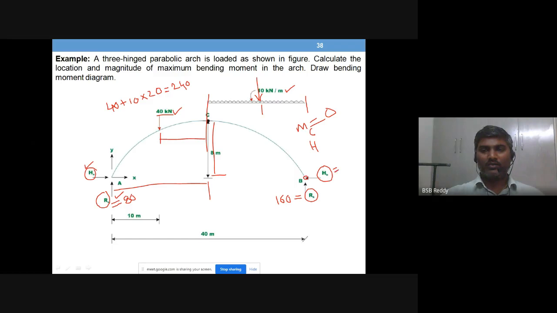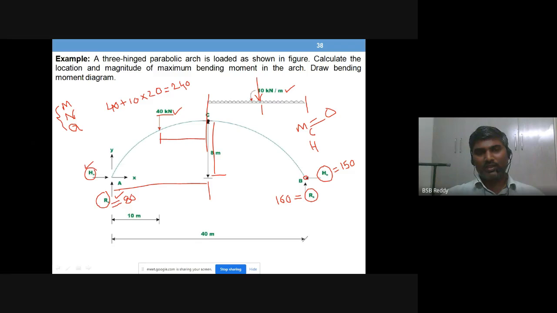Otherwise, you cannot proceed for any of the questions asked to find maybe bending moment or normal thrust or radial shear anywhere in the arch. So any question on internal forces, that means bending moment, normal thrust, radial shear, you will be able to solve these three only when you are able to solve for support reactions first.